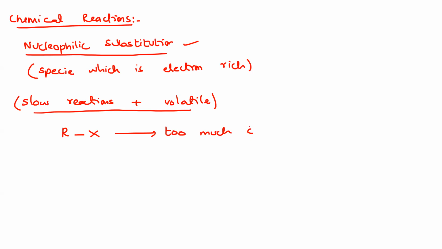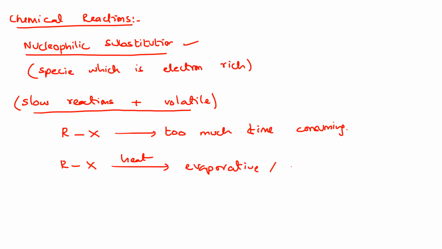That's one part of the problem. And the other part is if we want to activate this alkyl halide by heating it, then it readily evaporates. It's highly volatile. So now we are in a problem: what to do?